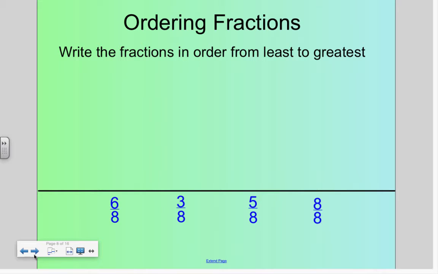Now take a moment to compare these fractions. Let's drag and drop them in order from least to greatest, or you can write it on your slate. Think about, in which case do we have more of those same size pieces?